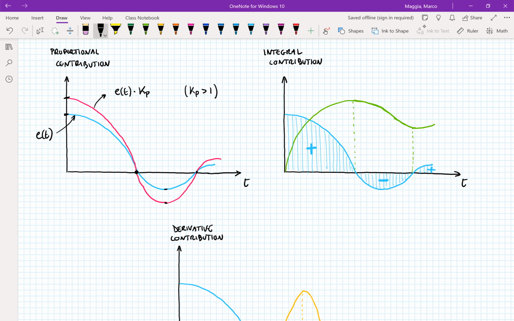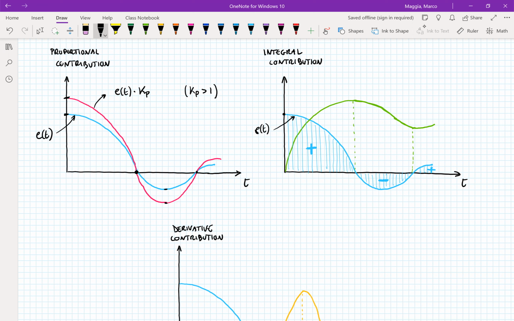Now, when we take a look at the integral contribution, we still have our error function. The error function is always the same. But now you see that the integral might not be very intuitive. The integral starts at 0 because you can think about the integral as the area below the function E of t.